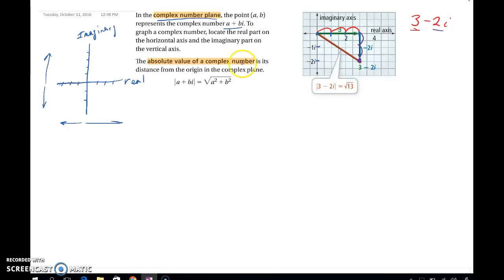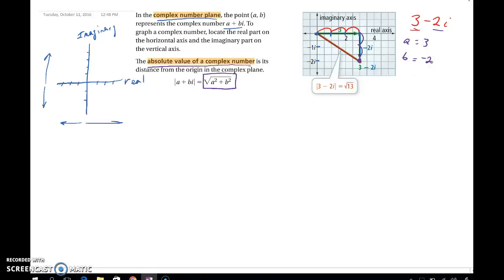All right, now if you're asked to find the absolute value, or the distance from the origin to 3 minus 2i, the absolute value is equal to the square root of a squared plus b squared. So in this case, our a was equal to 3, and our b is equal to -2.